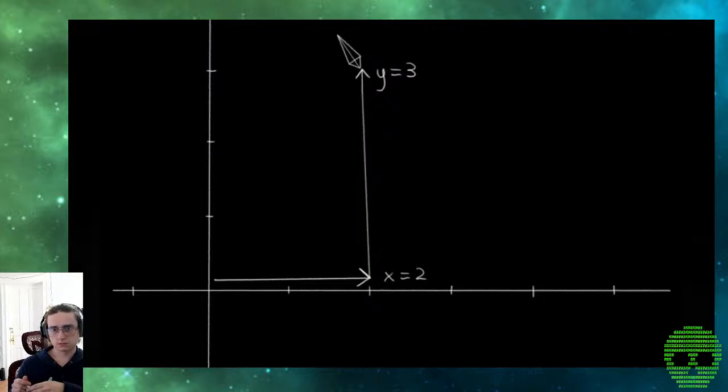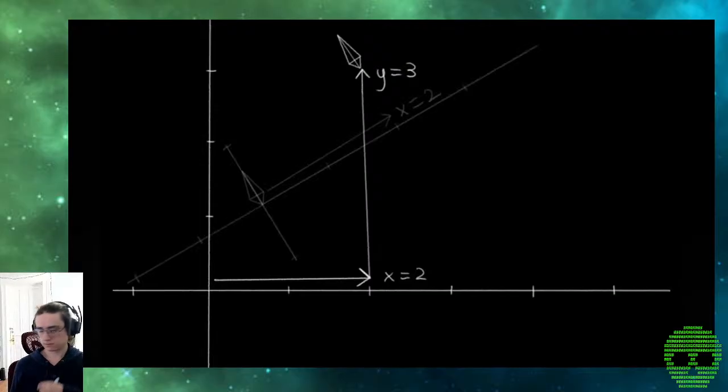On the other hand, if its rest position in edit mode was off here somewhere, oriented at an angle, then the local space translation of the bone might be x equals 2, y equals 1. One way to think of this is to say that the world space is the absolute coordinates of a bone in the scene, whereas local space is the relative coordinates of a bone compared to its resting pose.